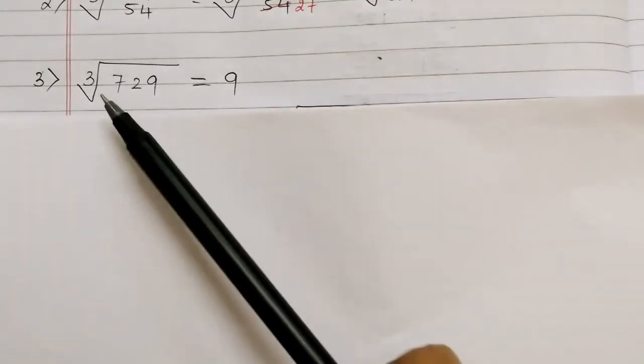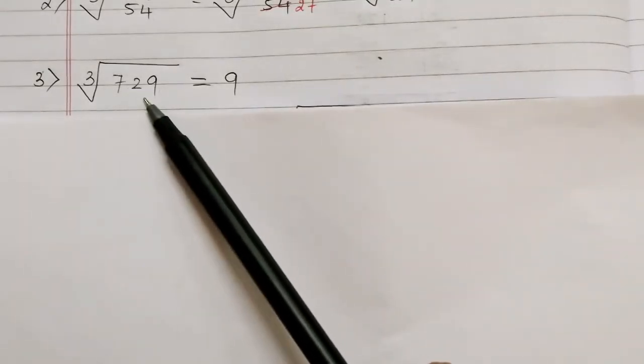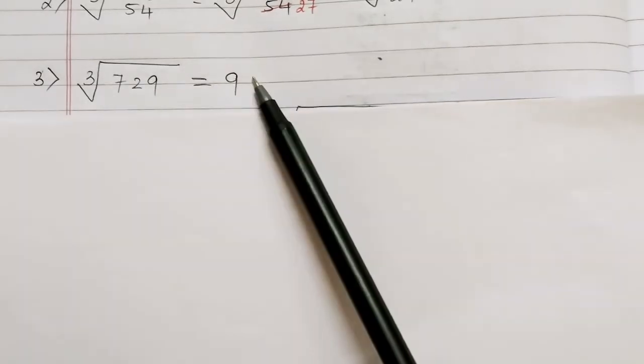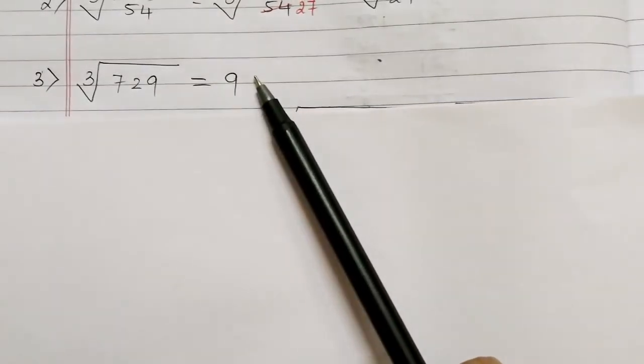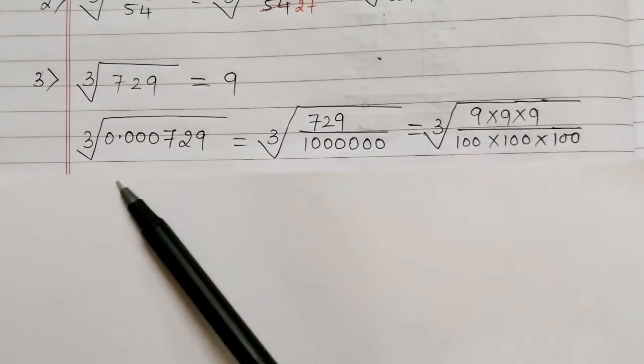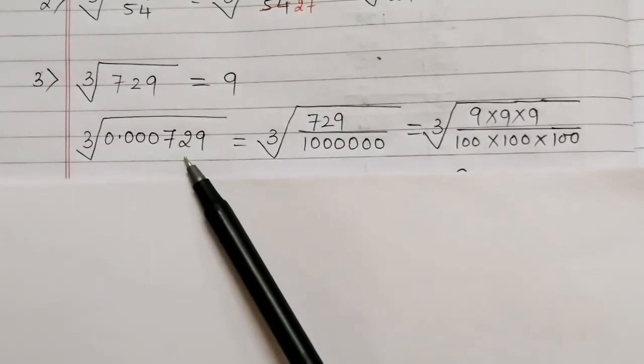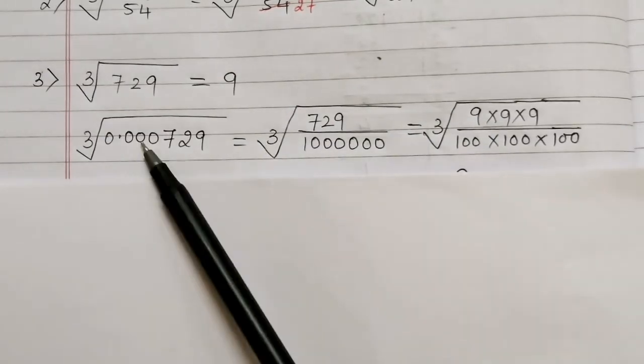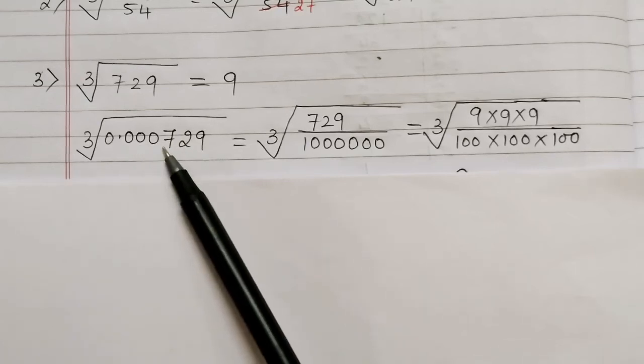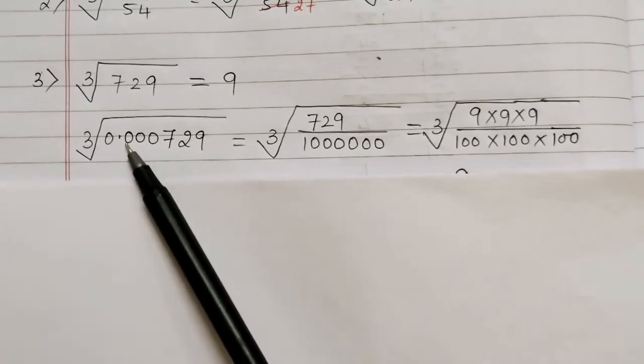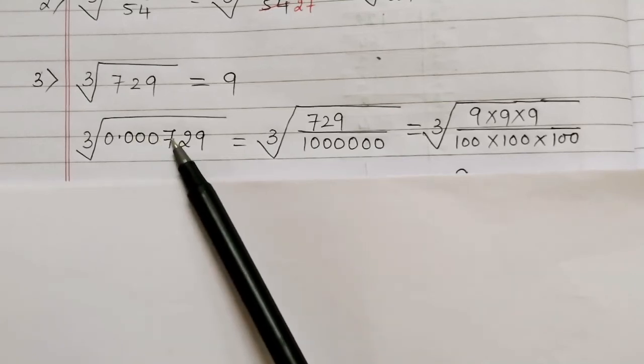Now this sum: cube root of 729 is 9. That is given in the question. Now we have to find out what is the value of this. So let's solve. Cube root of this can be written as, look, after the decimal, how many digits are there? Count: 1, 2, 3, 4, 5, 6.